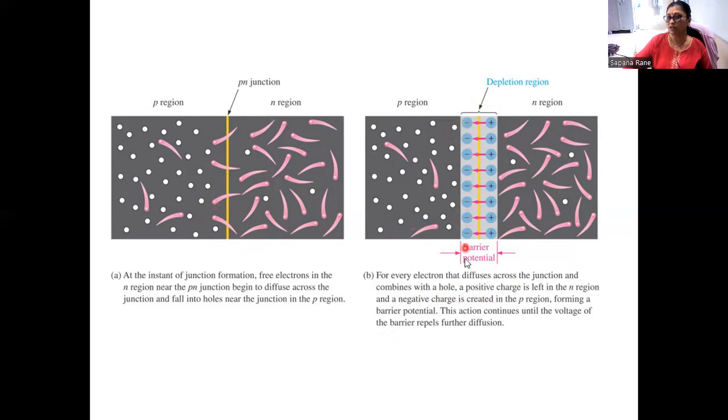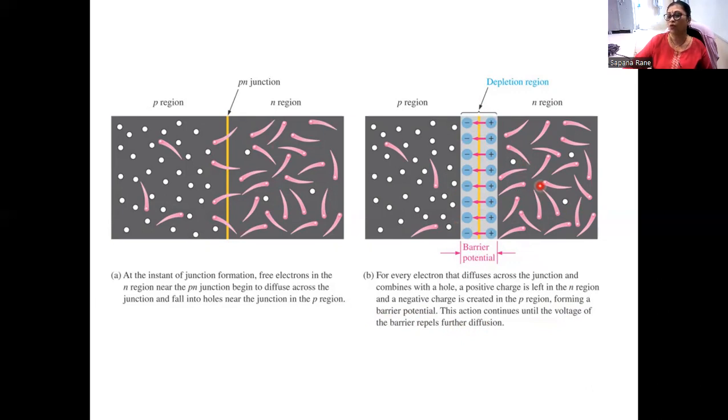So these static positive and negative charges near the junction form what is called a barrier potential. The action of diffusion continues until this barrier potential repels further diffusion. At equilibrium, where such a barrier potential is developed, further diffusion is stopped.